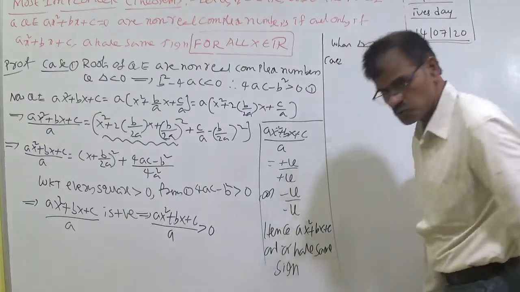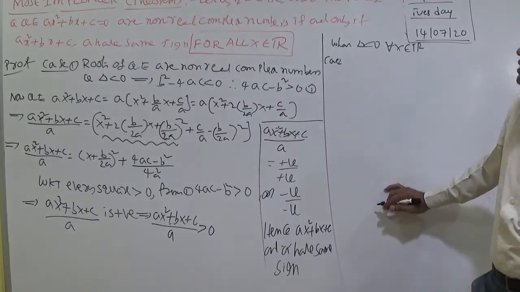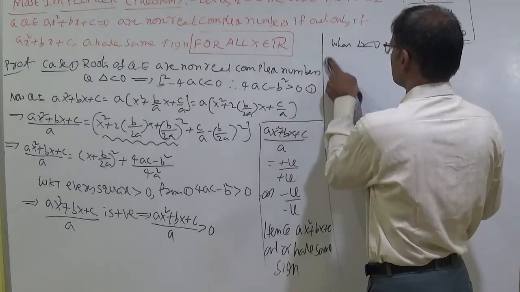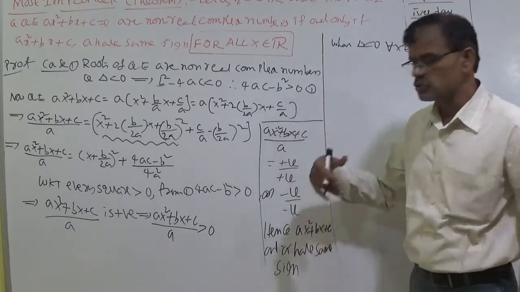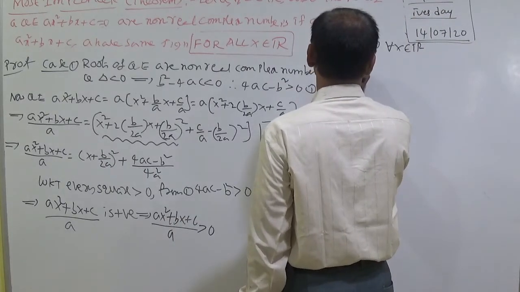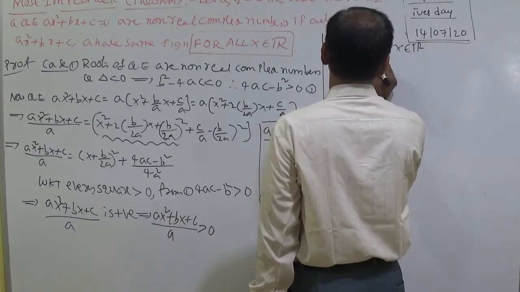What is case 2? Here he is asking that whenever delta is less than 0, for all x, we have proved ax square plus bx plus c and a have the same sign. Now we should prove it in the reverse way. Case 2.